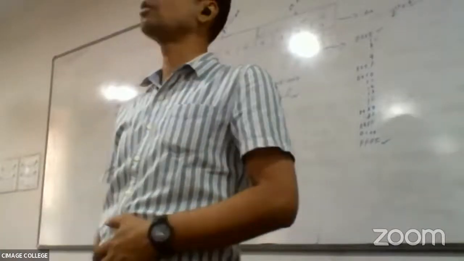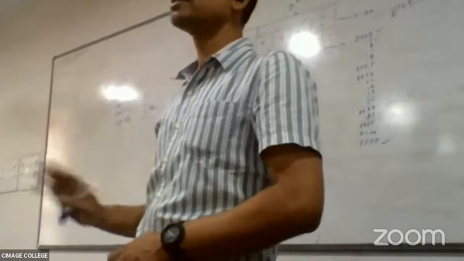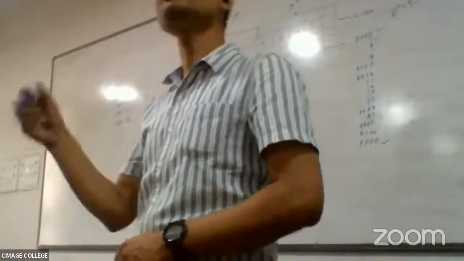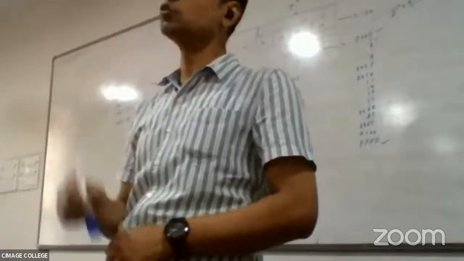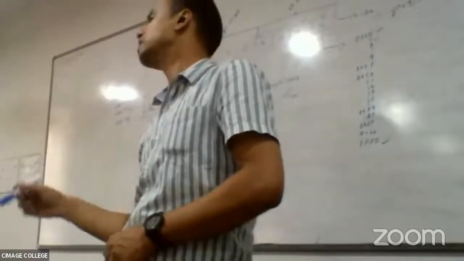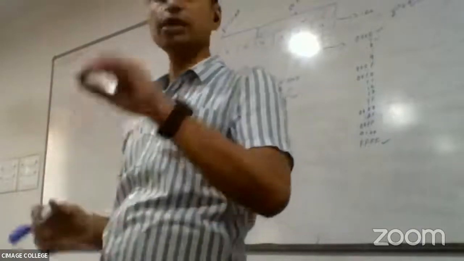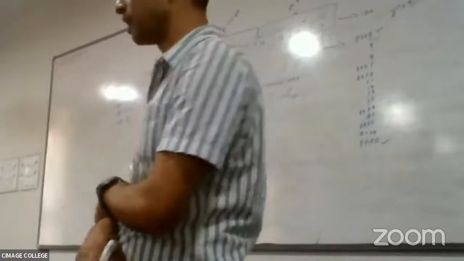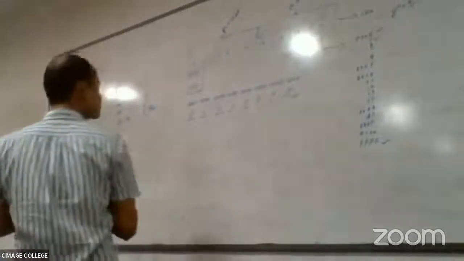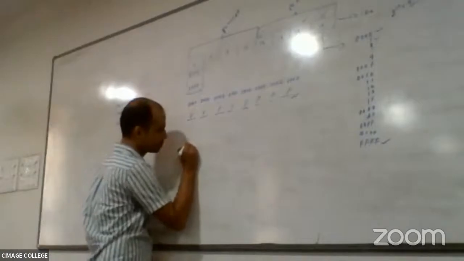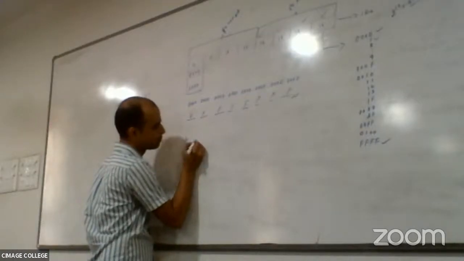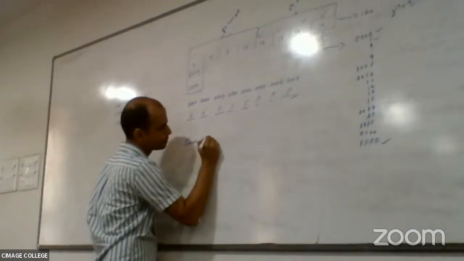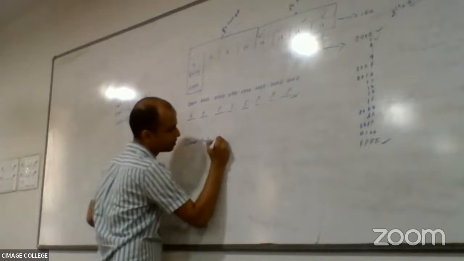But in case of IPv6, there is no subnet mask, and in place of subnet mask, we use subnet prefix length. Subnet prefix length. Yes. What is subnet prefix length? Subnet prefix length.